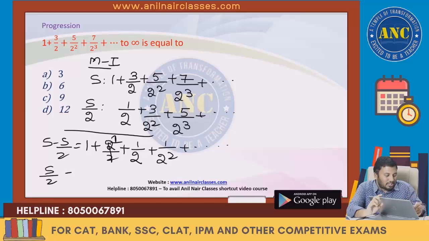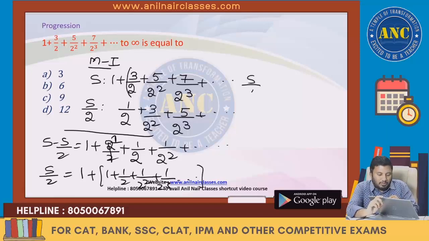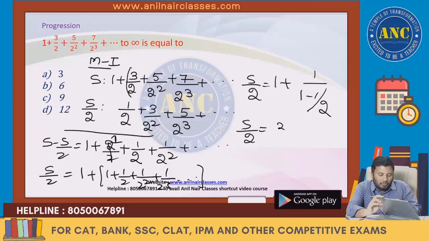S minus S by 2 is 1 plus the entire series, 3 by 2. This is nothing but 1 plus 1 by 2 plus 1 by 2 square, 1 by 2 cube and so on. So S by 2 equivalent to A by 1 minus R. This is nothing but S by 2 equivalent to 1 plus 2, 3, S equivalent to 6.